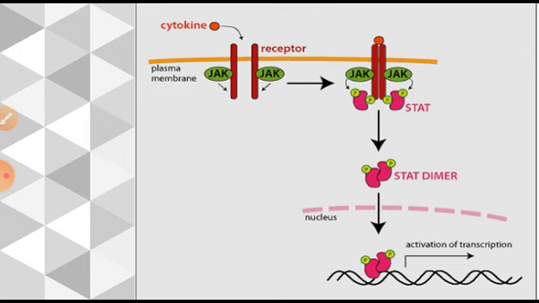For this cytokine receptor, we have various drugs. We know that these pathways are very, very important, very strong pathways. They can change the DNA, they can change the protein synthesis, right? They can change the whole course of physiological reactions. So they are involved in various kinds of diseases as well.